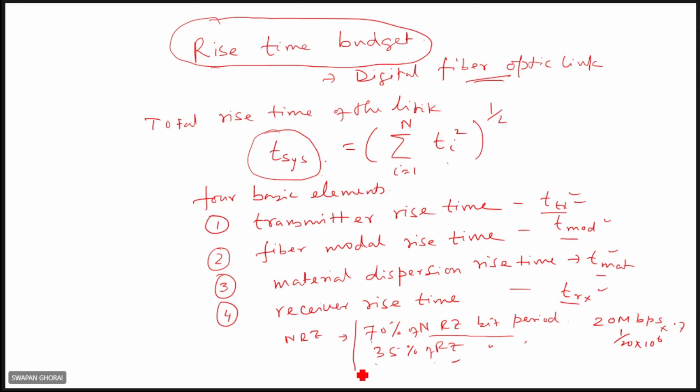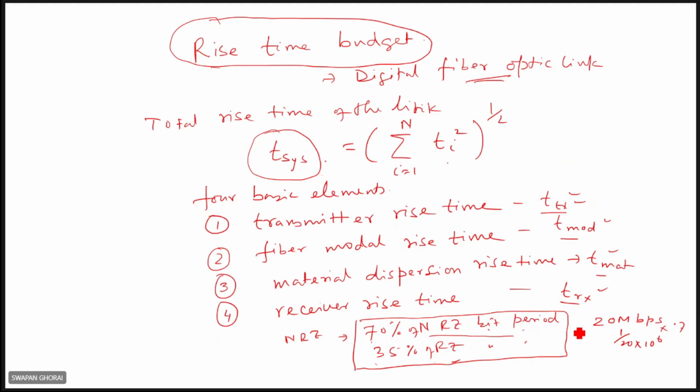Keep these things in mind. Otherwise, in the problems, you may be able to calculate system rise times, but questions will be asked whether the components meet the system requirement or not. Then you have to verify it after calculating the system rise time. I'll show you some examples.